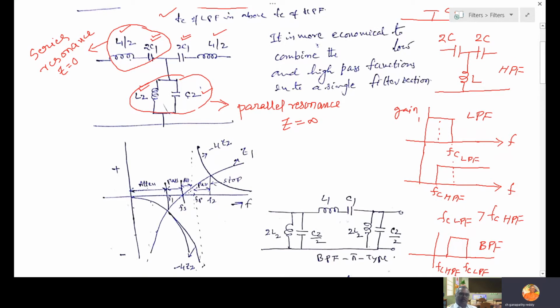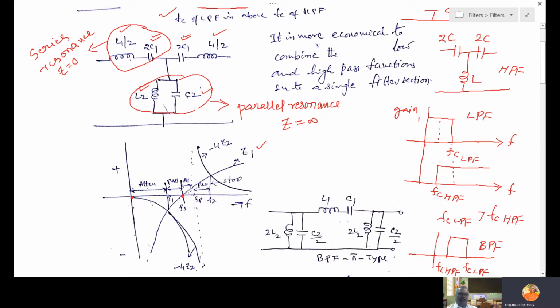So accordingly, if you plot Z1, this one is Z1. Z1 is crossing 0 at what frequency? Fs, the series resonant condition. Then the parallel LC plot: at 0 frequency, the inductor is short, so it will start with 0 here.